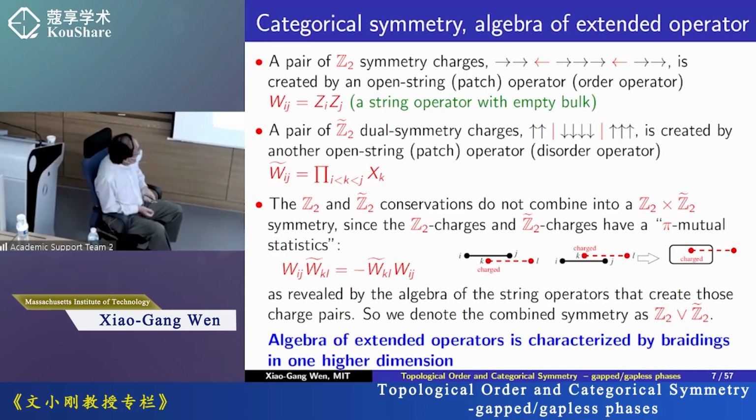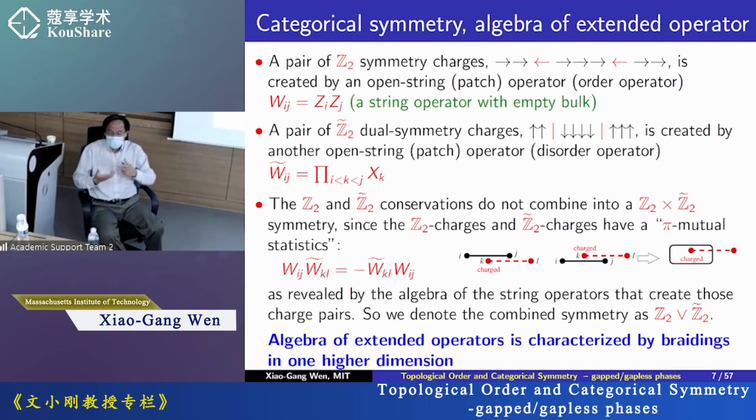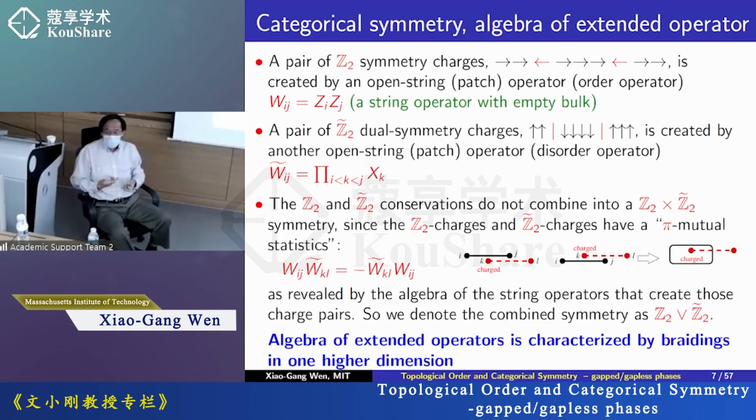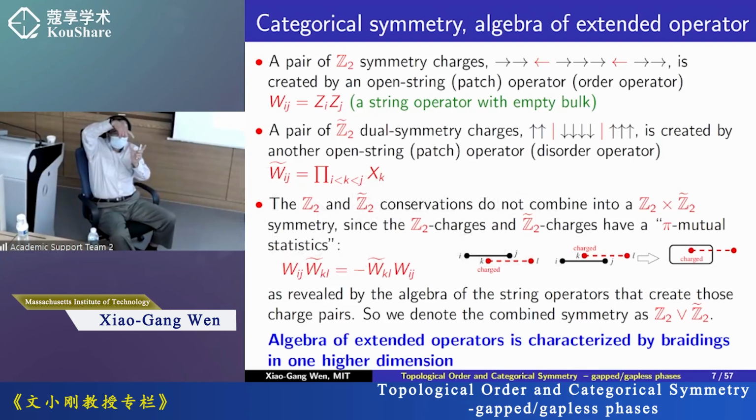But when you have these charge pair operators, something interesting happens. We find these two different charge pair creation operators have a non-trivial commutation relation if the boundaries are linked in a non-trivial way. If the boundaries are not linked, then they commute.